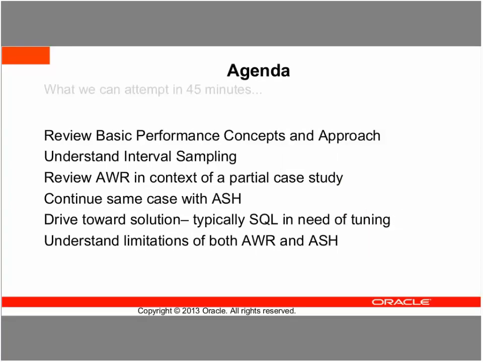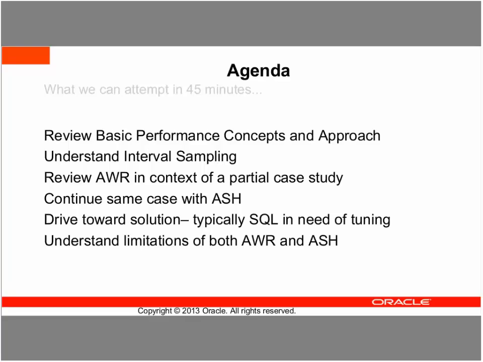So we'll skim very quickly over some basic concepts that we'll be referring to. We'll talk a little bit about the interval sampling and the two different approaches that we use here. Then the AWR and then ASH, we're going to use a bit of a case study I picked up some months ago from some colleagues in South America that happened to use both AWR and ASH to analyze the exact same problem. So it's really a nice case to work with.